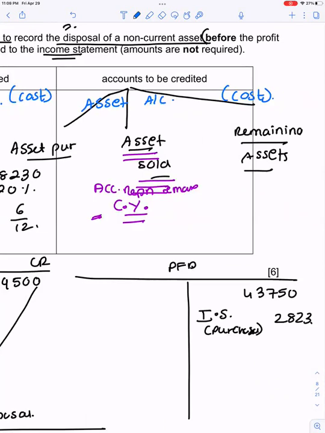Now, how do I get the remaining assets? By removing the sold one. So we'll do cost minus cost: cost of all minus cost of the asset that is sold.